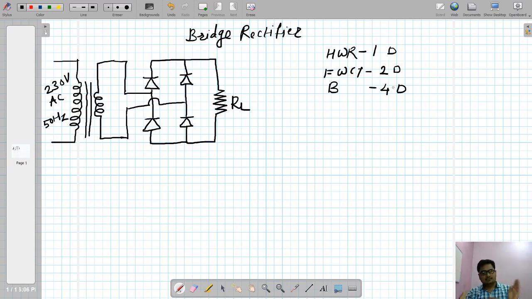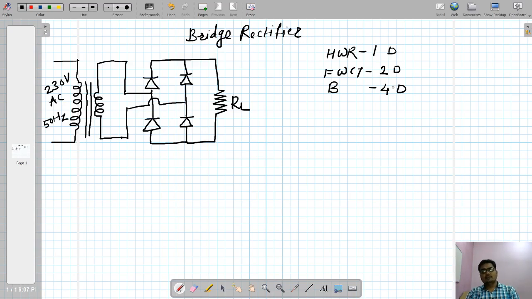If we compare half wave rectifier and full wave center diode rectifier in efficiency, then the efficiency of full wave center diode rectifier is always good as compared to the efficiency of half wave rectifier. Half wave rectifier gives efficiency of only 40%, whereas center diode rectifier gives efficiency of 81%.